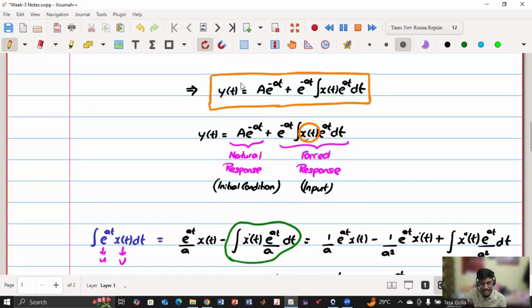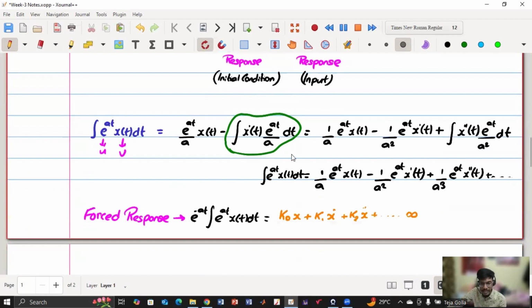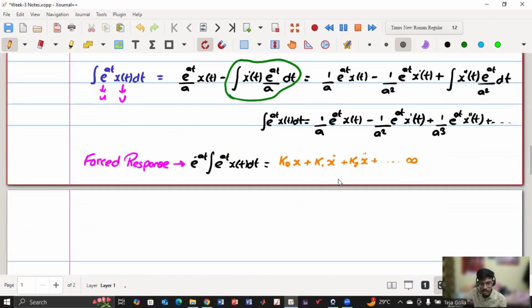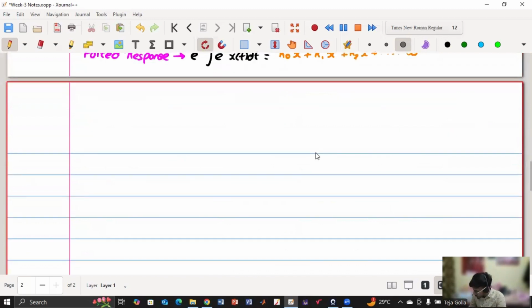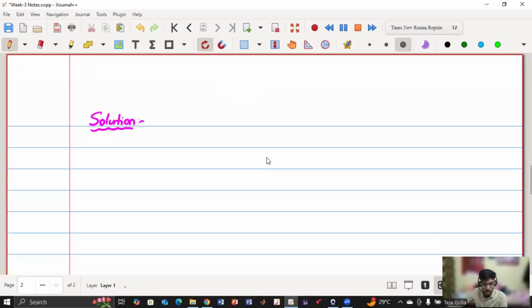So the first term is a into e to the power minus at, and the second term is this k naught into x plus x dash, all these terms. So now the final solution. What is the solution?